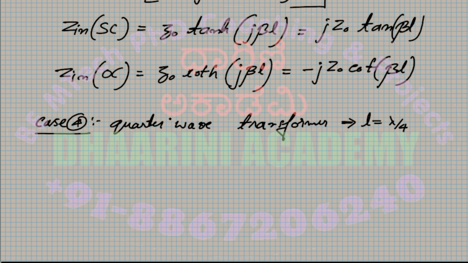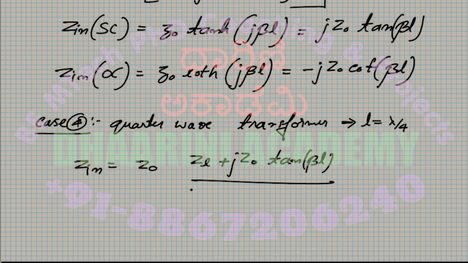Okay, now let's do the calculation here. How do we do that? We'll start with the Z in equation. There is a very peculiar feature. So Z in is equal to Z naught times (ZL plus j Z naught tan beta L) divided by (Z naught plus j ZL tan beta L).